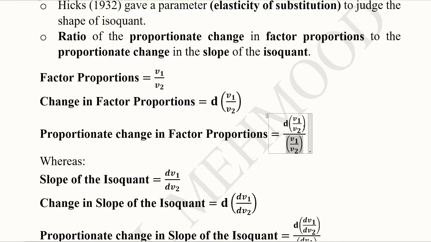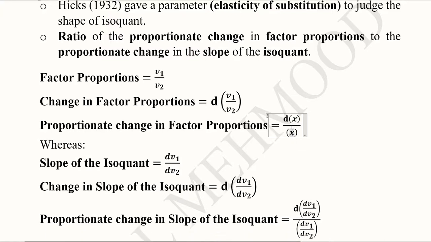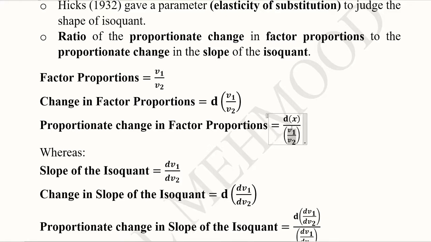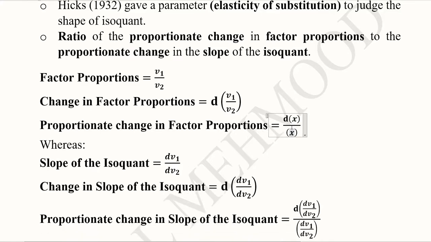Just like we calculate for any single variable, this is the proportionate change that we have been calculating many times for various situations, for example rate of growth of GDP, etc. The only change here is that we do not have just one variable, we have a ratio of two variables in both of the cases. So if we want to simplify it, just assume that this is one variable, because the ratio of V1 and V2 will also be a variable.